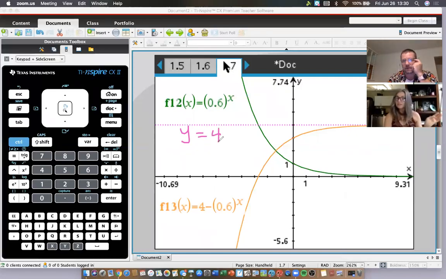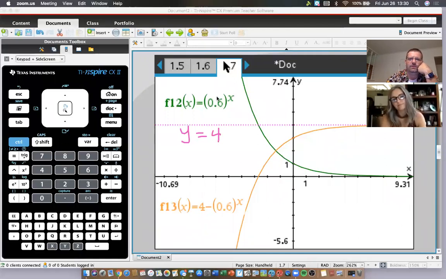Now, when you put this in your calculator, that dotted line won't be there. We're putting that dotted line there to help you. I just typed y = 4 in the calculator. So if you think you know, but you're not quite sure, you can type the asymptote in and see if your graph is approaching it.